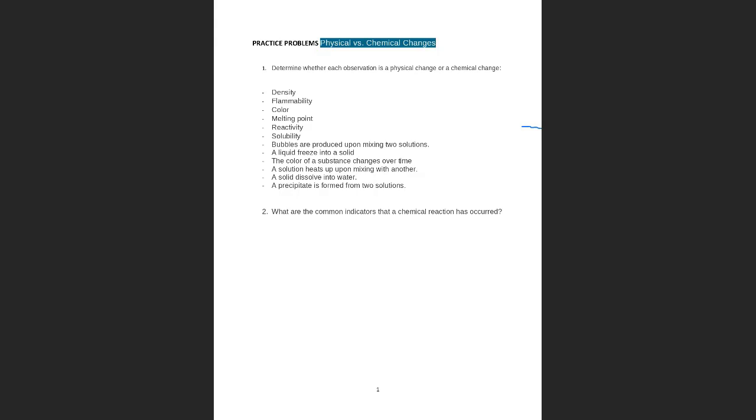No. When I measure the volume, do I change the identity of the compound? No. So how did we say at the beginning, when do we have a chemical change? Basically, when we produce a new substance, when we have a chemical reaction.